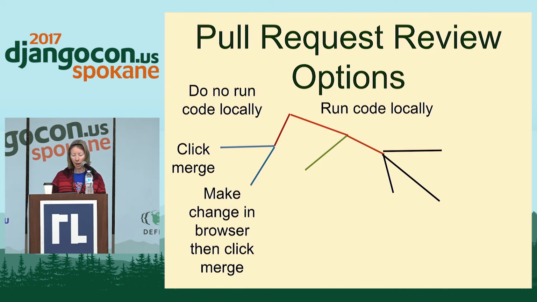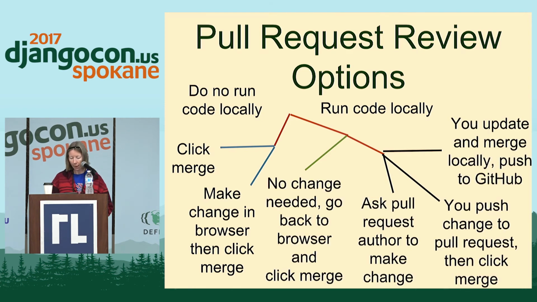And similarly to how we edited a file earlier, you might just go into the pull request file and make a small change and click merge. The other options involve fetching the pull request branch into your local development environment and running the code there. So say, for instance, you do that and you're happy with it, no change needs to be made. You can go back to the browser and just click merge.